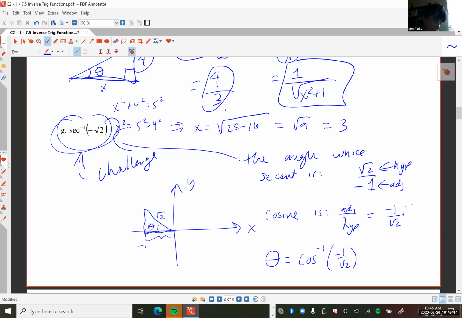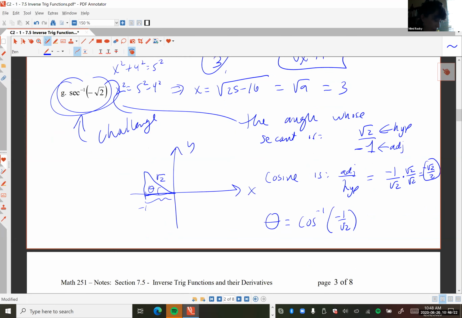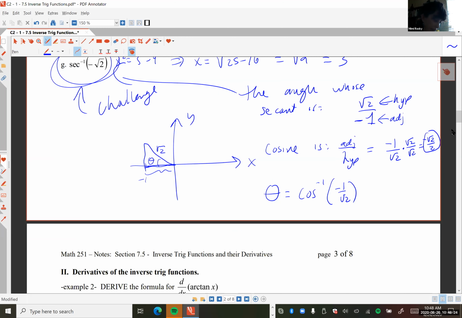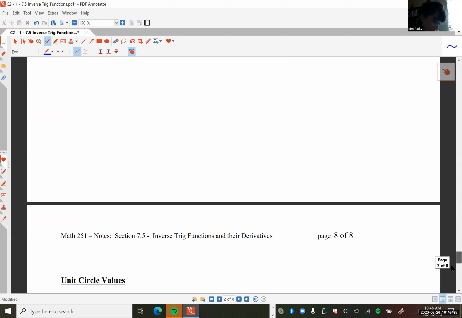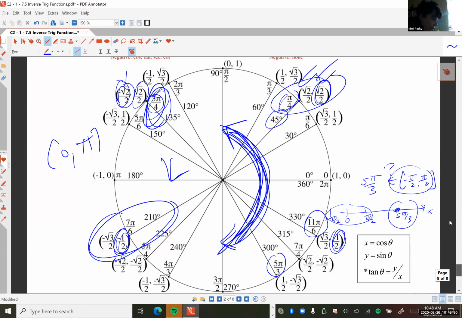Here's the tip. I'm going to rationalize this denominator if you don't mind. And then I'm going to look at my diagram of the unit trig circle and try to figure out what the angle is. So look at the diagram. It's a hot mess, I know.